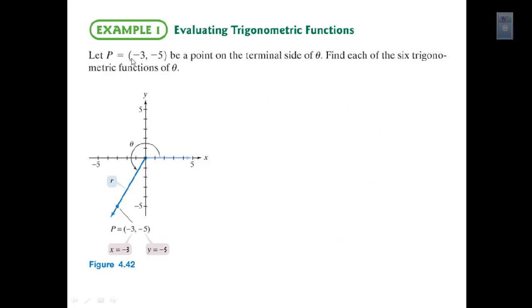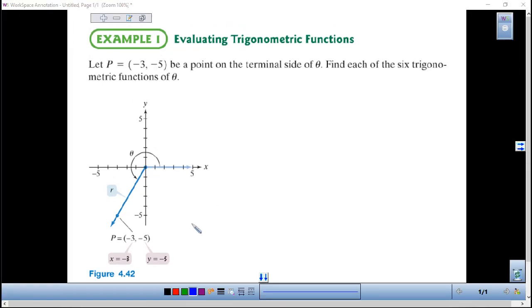All right, let P equal (-3, -5) be a point on the terminal side of theta. Find each of the 6 trigonometric functions of theta. So we've got the point on the terminal side right here. There's your x, there's your y. First thing we want to do is find what r is.